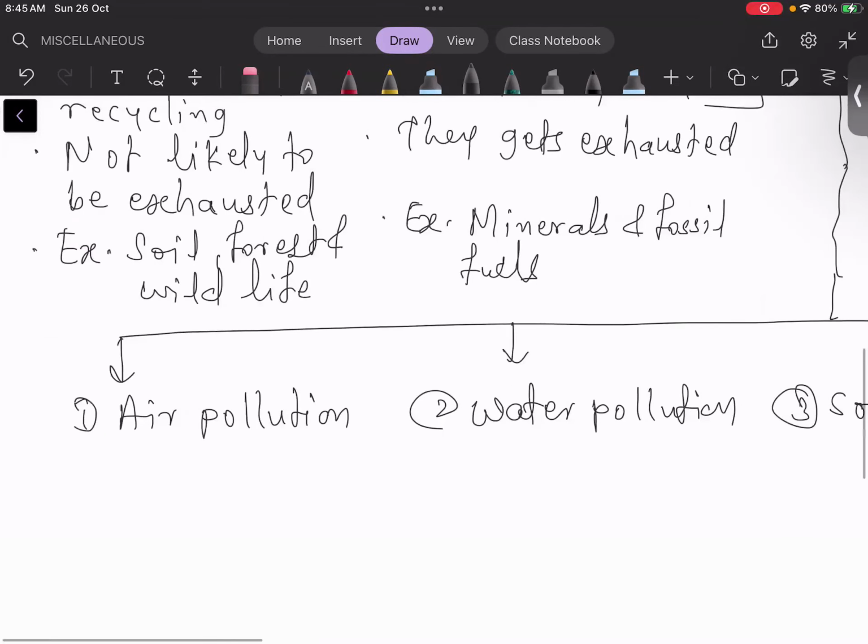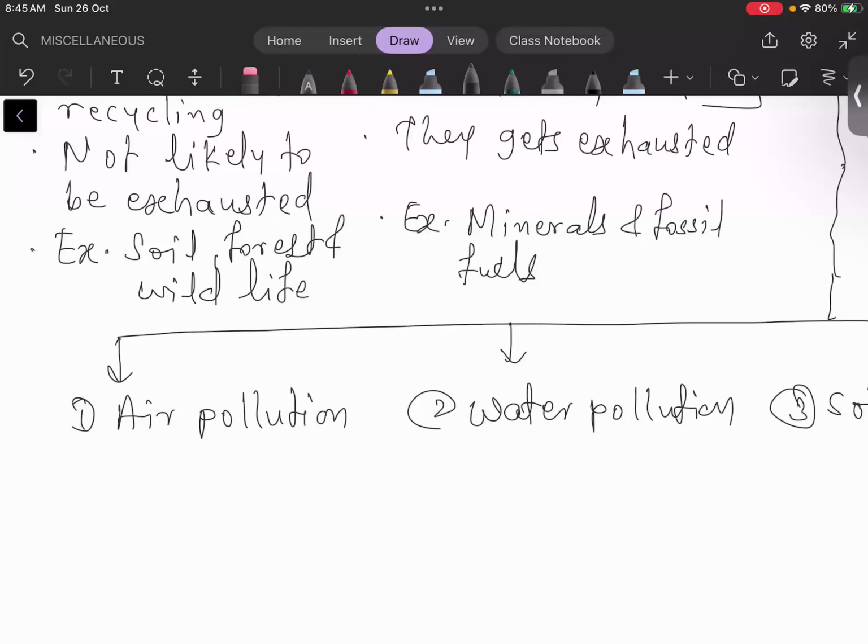Now, what is air pollution? Air pollution arises because of addition of unwanted substances into the atmosphere.